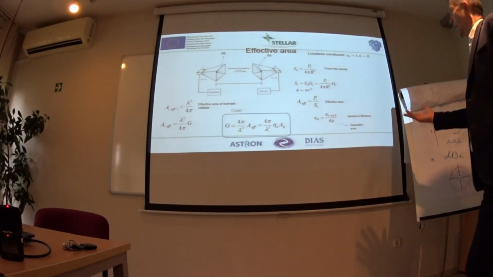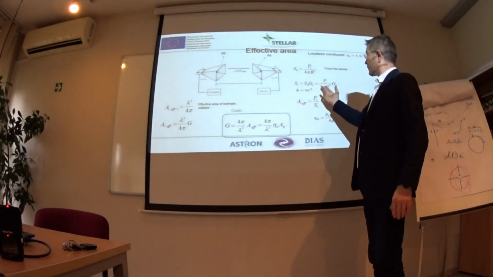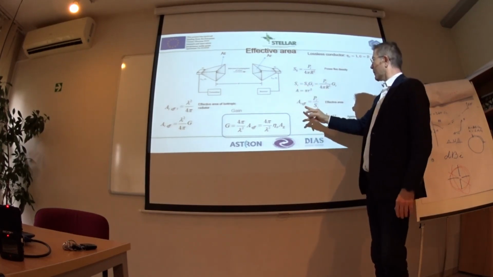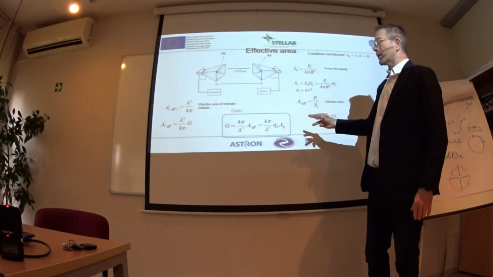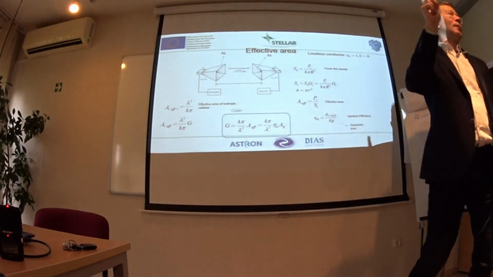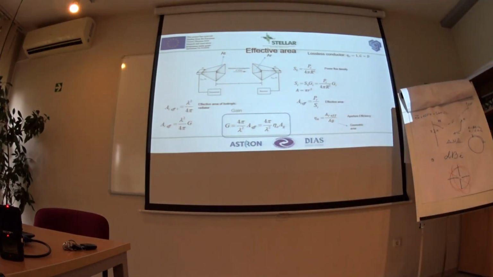It will be the flux times the reception area. Flux is power over area, so multiplied by the area to get the power.